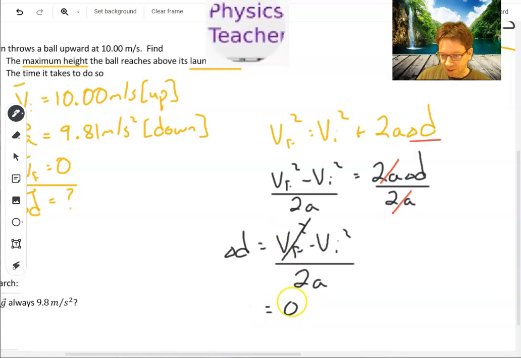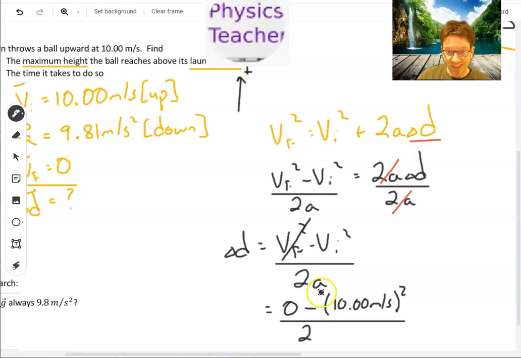Now final velocity we said was 0, so that's actually going to cancel. And we get 0 minus, so we're going to get a negative, our initial velocity being 10, and it's up, so we're going to leave it as positive. Remember, we'll make up positive. So minus 10 meters per second squared, all divided by 2 times a, which is down, so we're going to write that as negative.